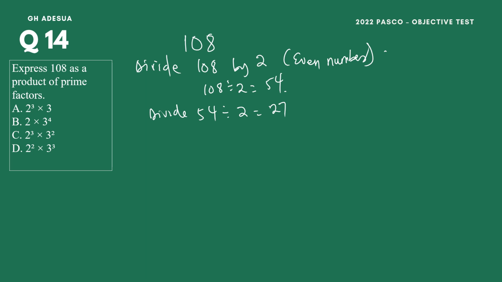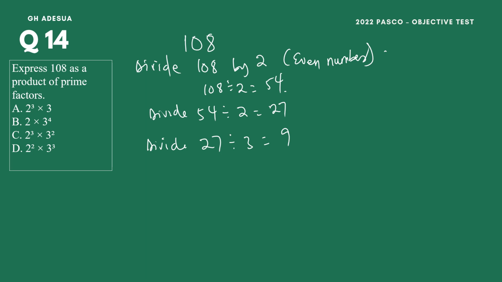Now for 27, we realize that it is not divisible by 2. So we don't have a factor of 2 that would divide 27 perfectly. And when we look through, we know that 3 would do. So we further divide 27 by 3, which is going to give us 9.